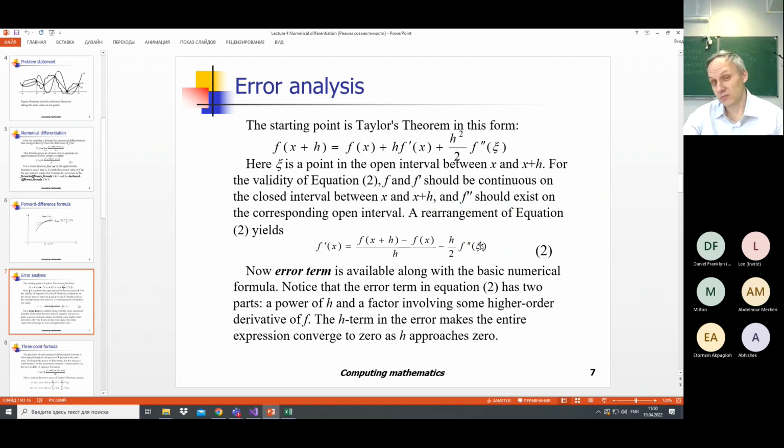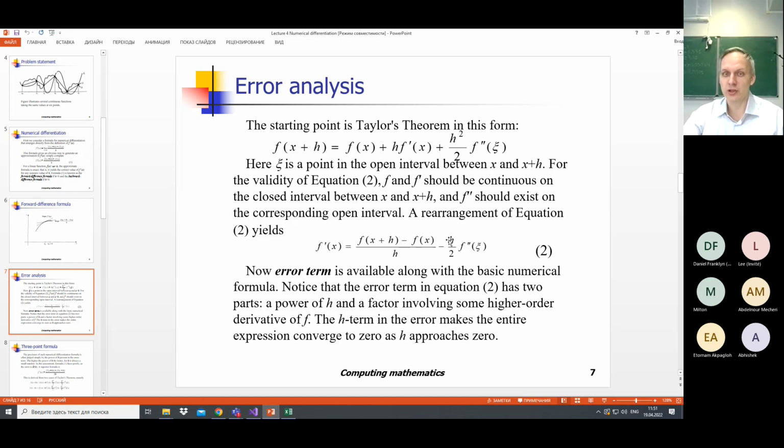And pay attention that the error term in formula 2 has 2 parts. A power of h, the step h at some power, and here this power equals 1. And a factor involving some higher order derivative of f.